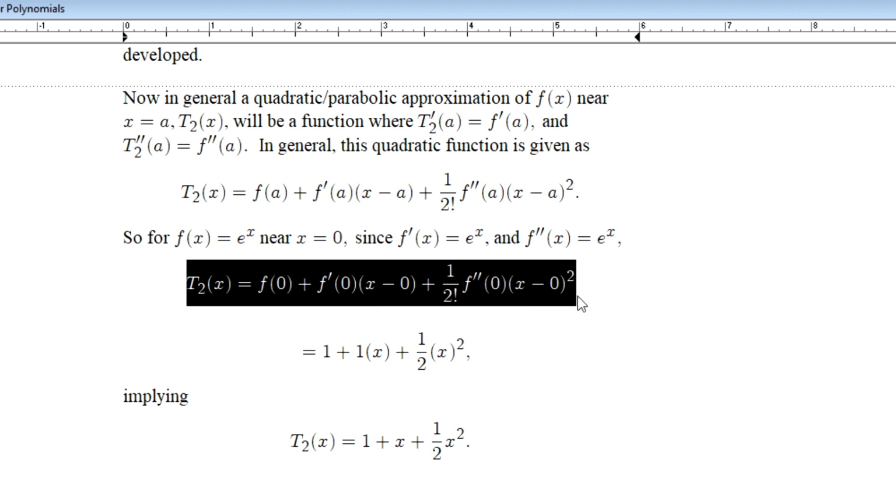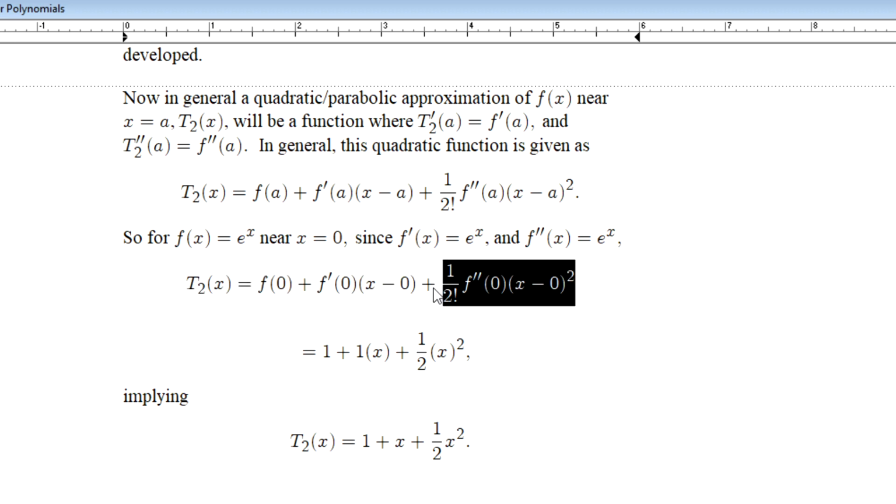But we're going to now add on this additional term, which is 1 over 2 factorial, which we know is just 1/2, times f's second derivative at 0.